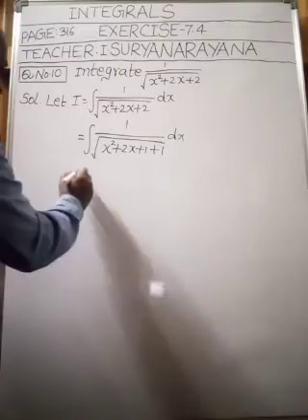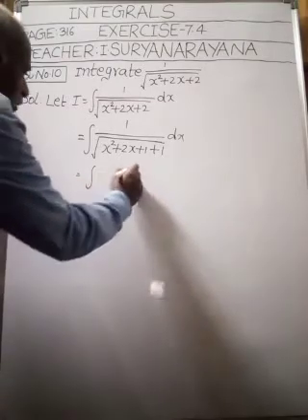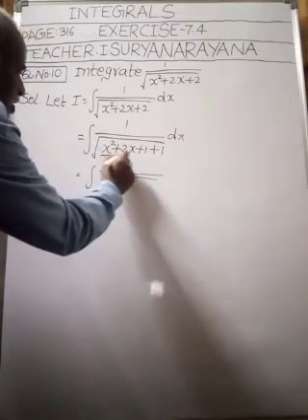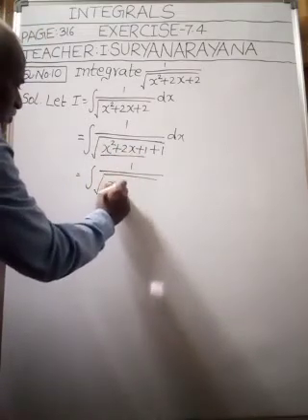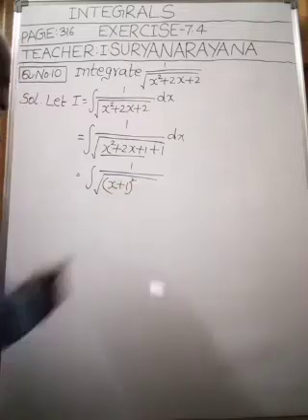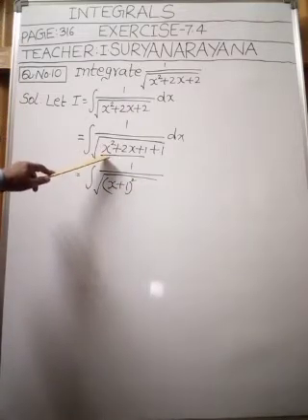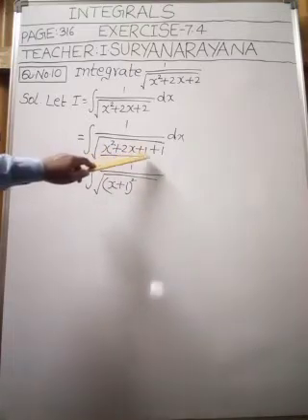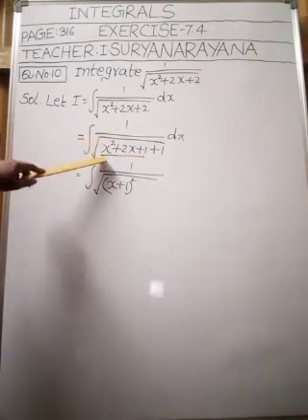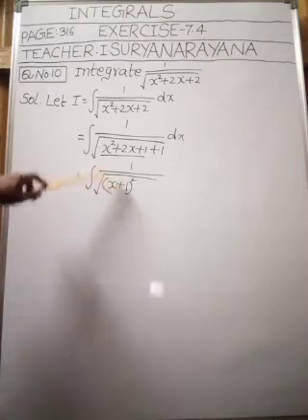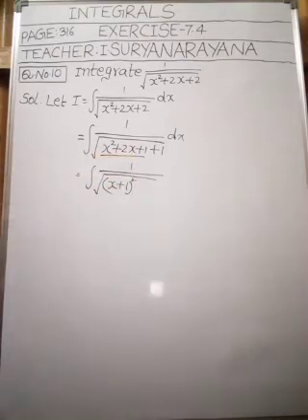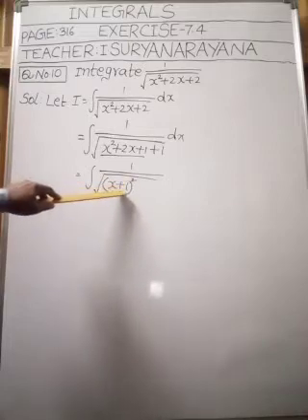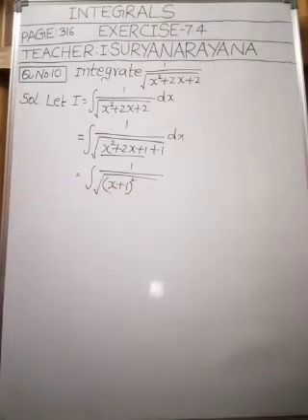That is equal to integral 1 by square root of, these three terms can be written as x plus 1 whole square. It is in the form of a square plus 2ab plus b square, where a is equal to x and b is equal to 1. So, by using that previous knowledge, we wrote these three terms as the square of x plus 1.